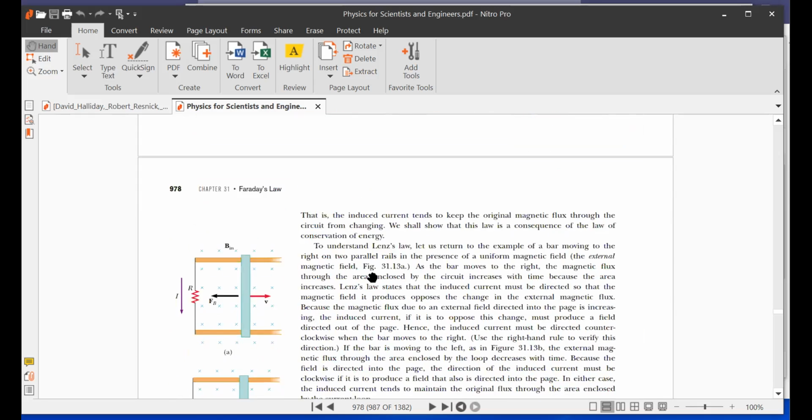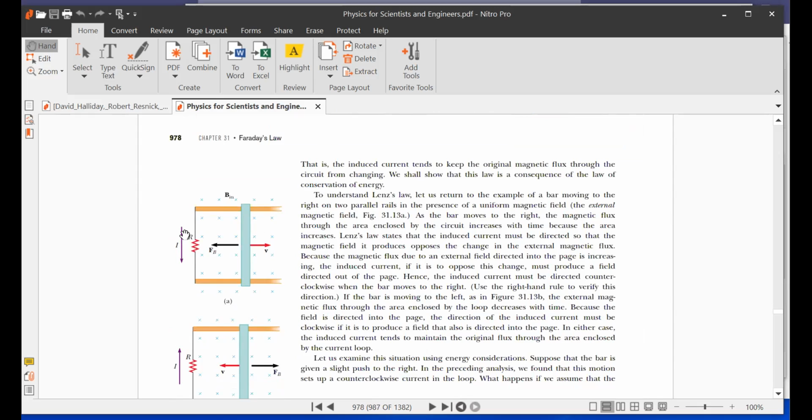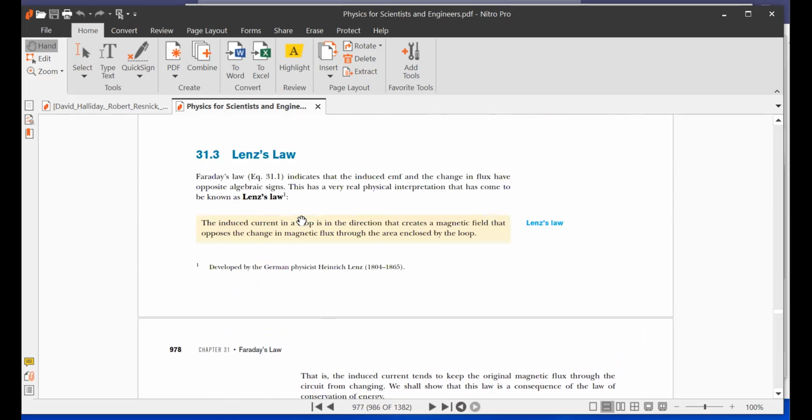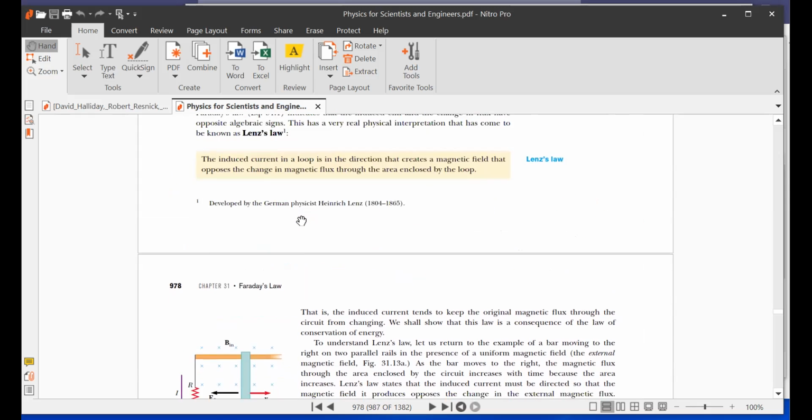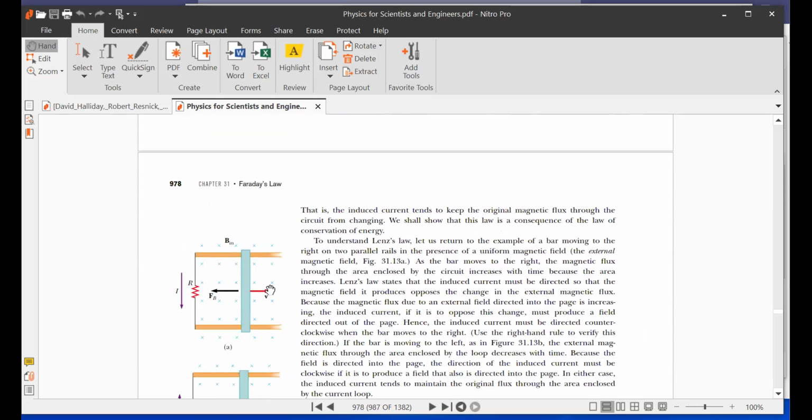So, Lenz's law. We have this circuit, this rod and this conducting rod, and also there is a resistance. As we discussed in the previous example, there is no applied force, so we only have this V here.